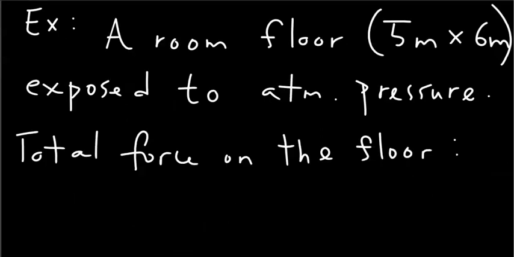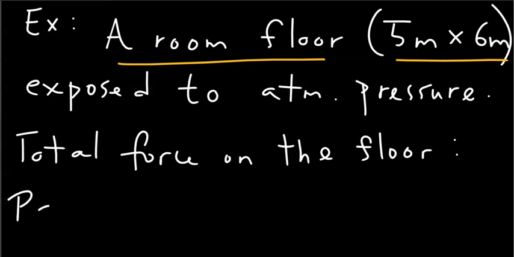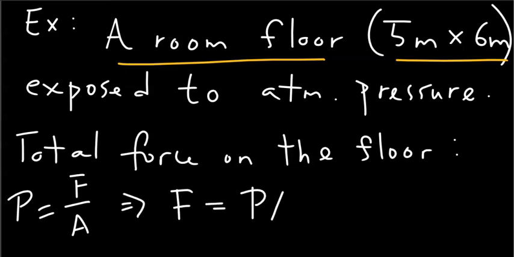Let's do a simple exercise. A room floor with dimensions 5 by 6 meters is exposed to atmospheric pressure. What is the total force on the floor? Since we know pressure is force per unit area, we can solve for the force by taking the pressure given and multiplying it with the area.